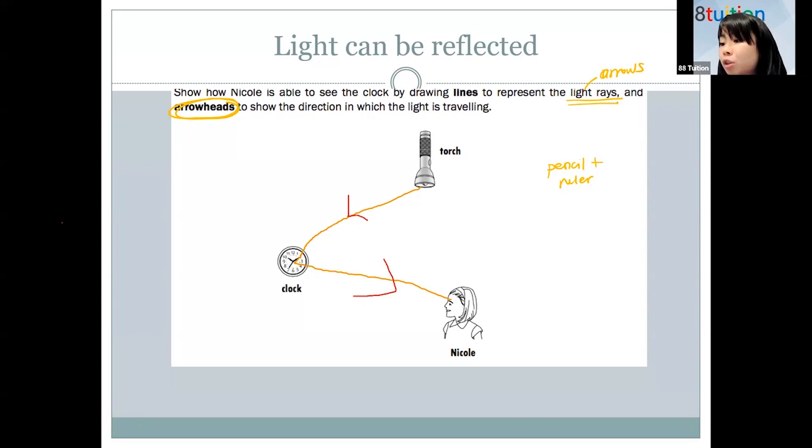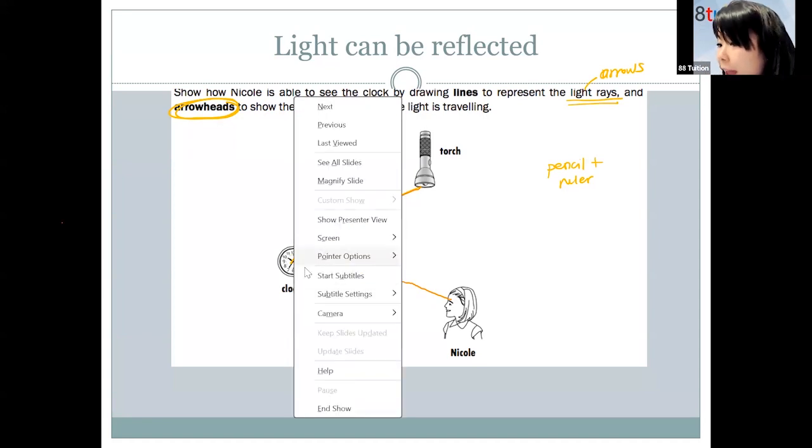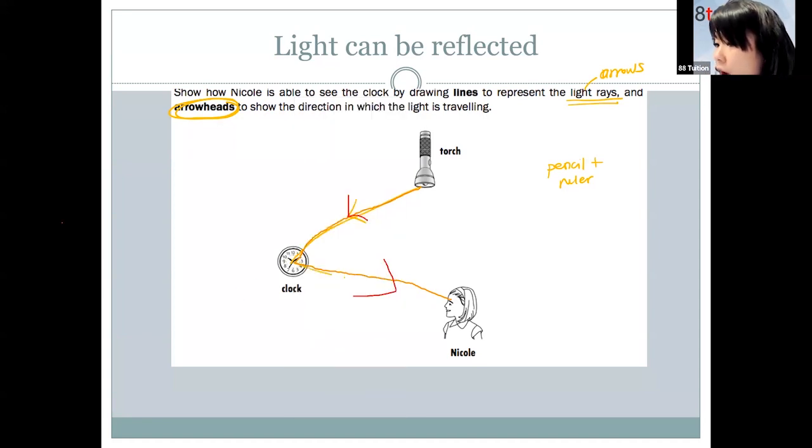Good job, Irvi. So what does this show? Light travels from the torch to the clock, and it is reflected off the clock into Nicole's eyes. Okay, so if you need, please take note.